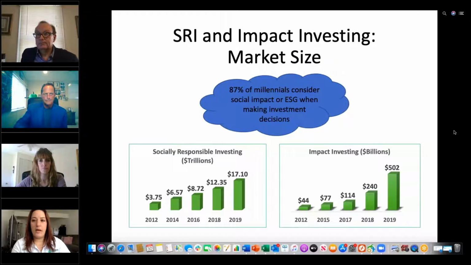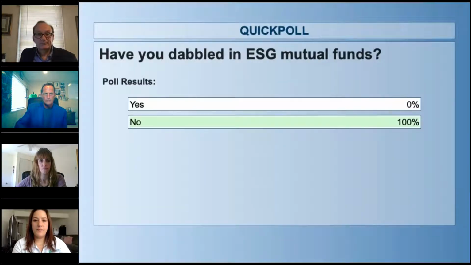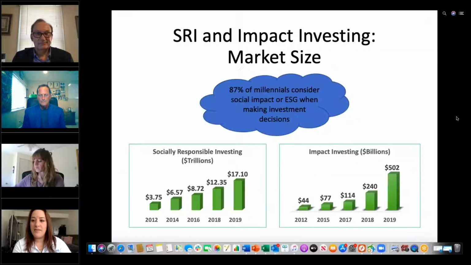I'll close the poll out and share our results. It looks like the majority of us at 100% have not dabbled in ESG mutual funds. So it looks like a lot of us here today are looking to learn a little bit more. So with that, we'll keep the ball rolling.